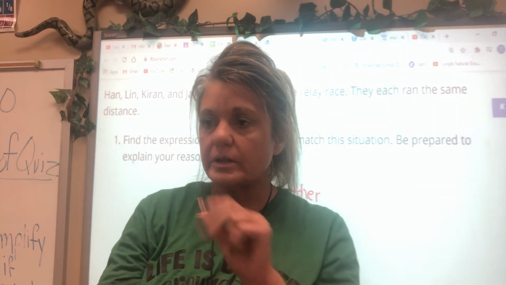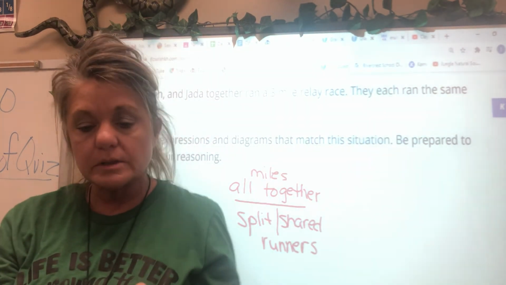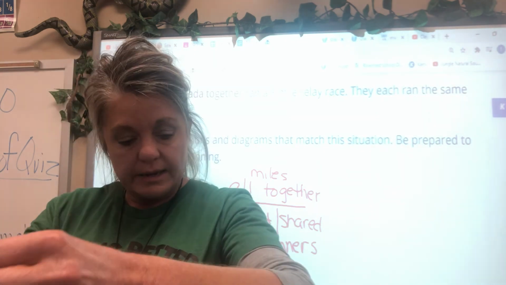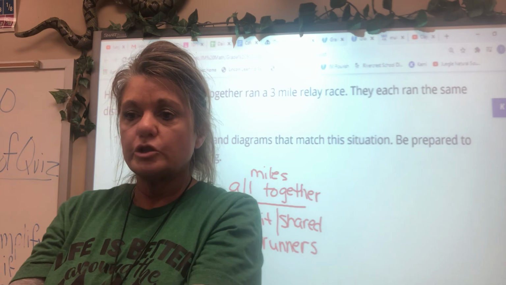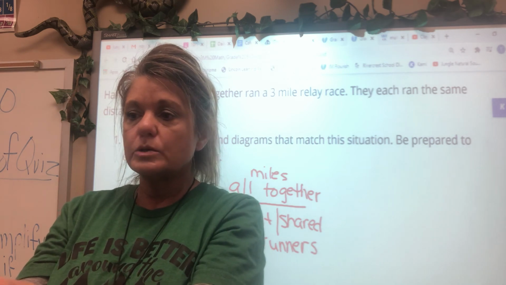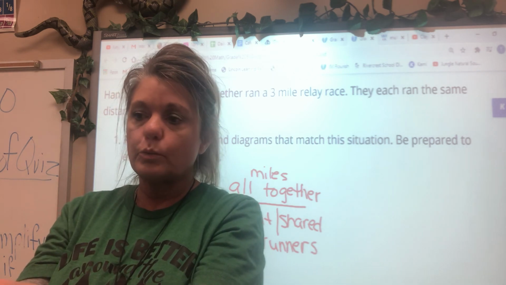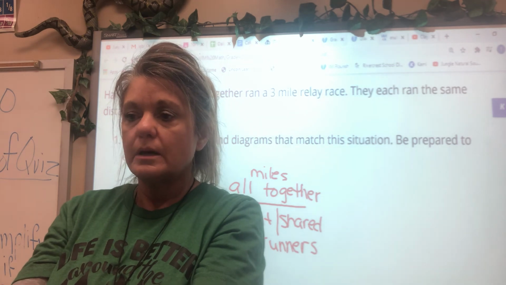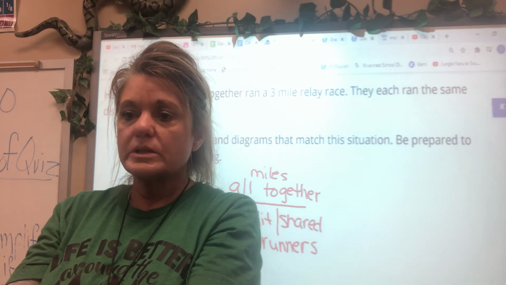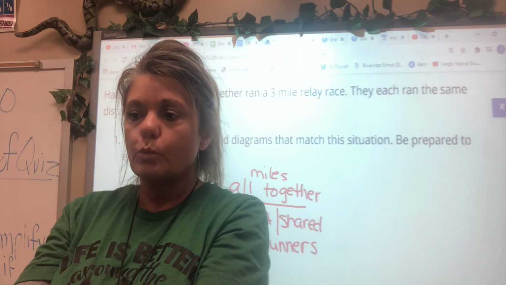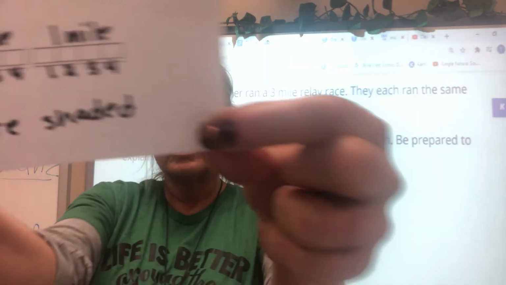And then you should have had 2 diagrams. One of the diagrams was like this, and it showed 3 rectangles. Each rectangle represented 1 mile, and we knew that it was 3 miles. And each of the rectangles was divided into 1, 2, 3, 4 runners.